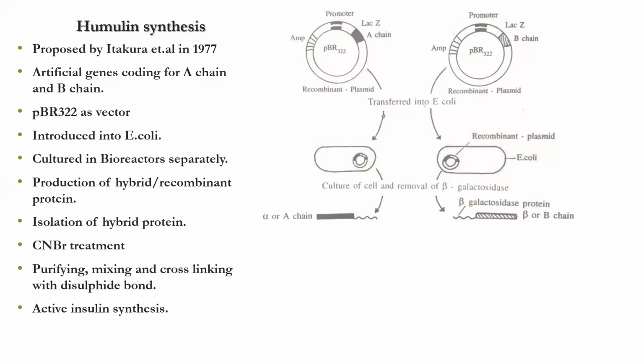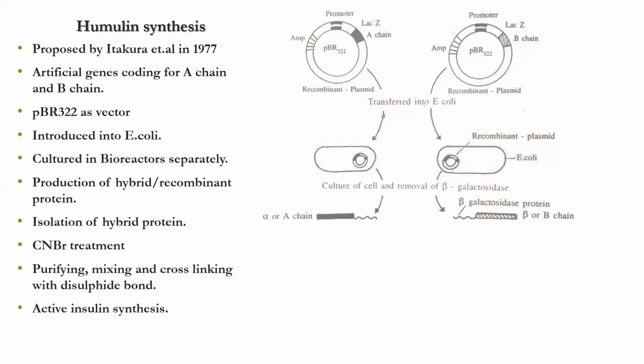So these proteins are hybrid proteins. These are recombinant proteins, produced separately in separate bioreactors. But we want only the desirable gene product. We need the A chain polypeptide from one bioreactor and the B chain polypeptide from another bioreactor.